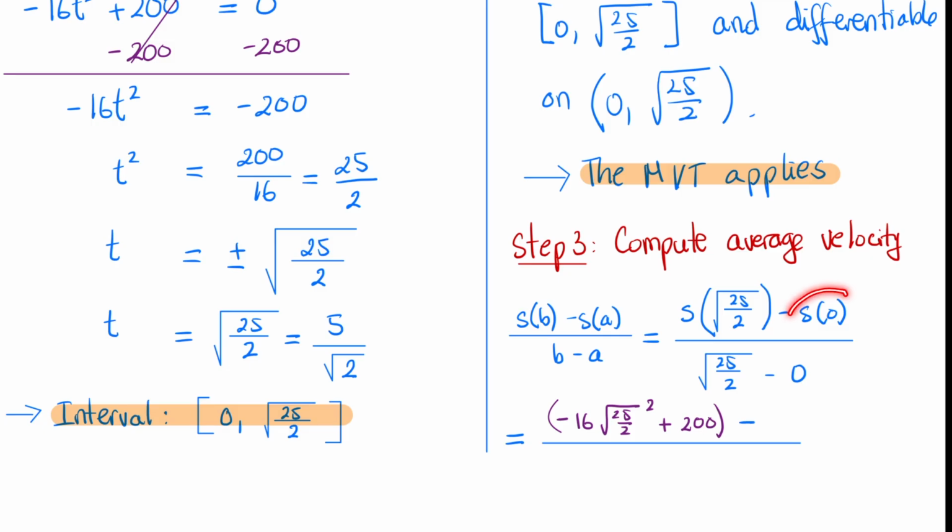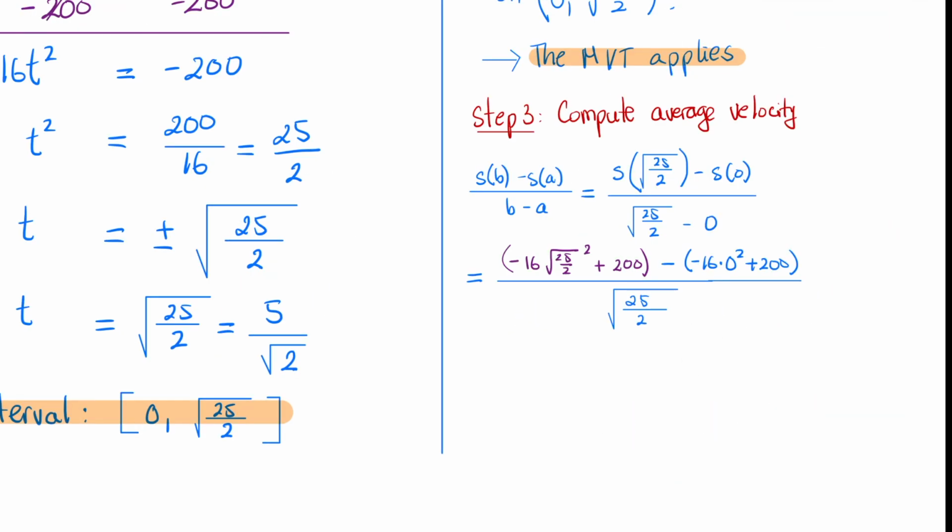And s of 0 is negative 16 times 0 squared plus 200, all over square root of 25 over 2. And negative 16 times square root of 25 over 2 squared plus 200 is 0. Negative 16 times 0 squared plus 200 is 200.